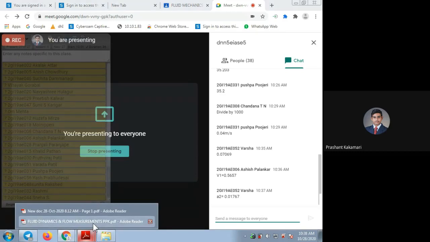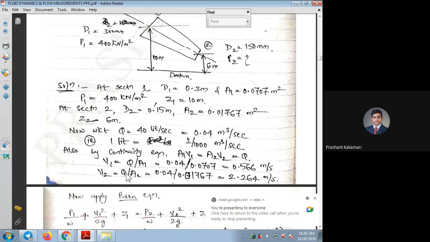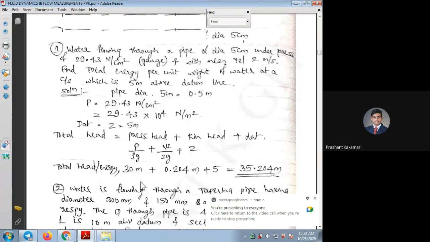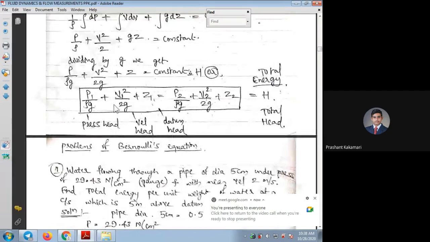Other values are correct, the velocity at section 2 and area at 2. If they are correct, we will find the pressure at section 2. For that, we again recall the Bernoulli's equation for two sections. Here the two sections are changing with the diameter.